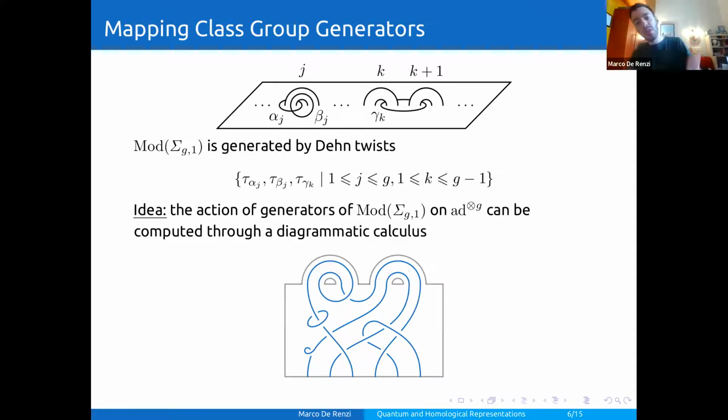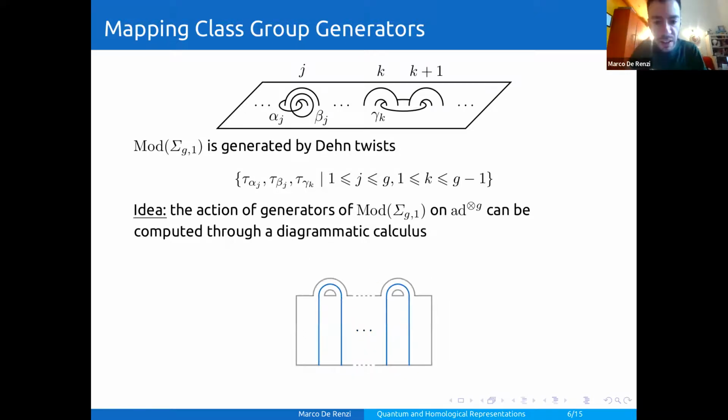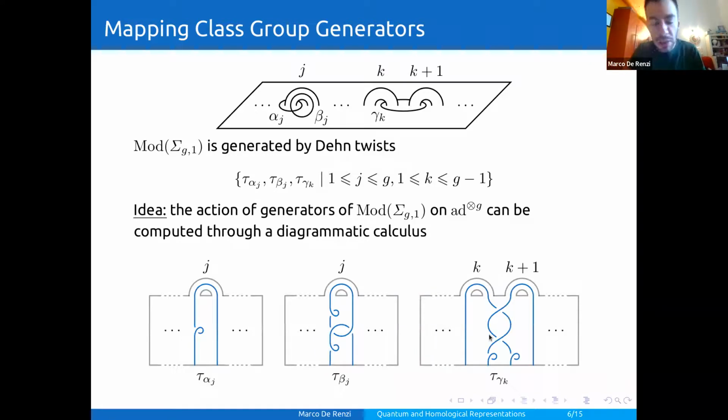And using this graphical notation that again is due to Habiro, this is how the identity cobordism would look like. I claim that if you remove a tubular neighborhood of these blue curves, you should see a product structure on the cobordism you have left. And now the other claim is that these specific pictures represent mapping cylinders for the generators of the mapping class group, right?